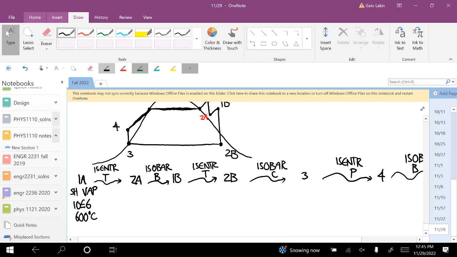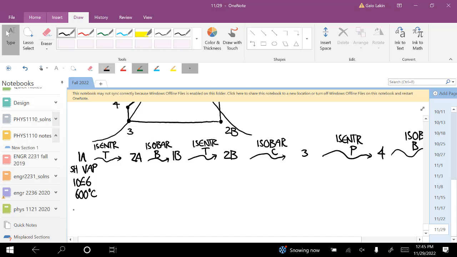So we can look up anything we need there. H1A, we'll just look that up, and that is 3625.3 times 10 to the third.